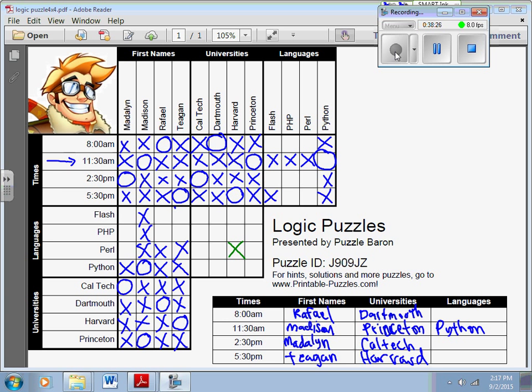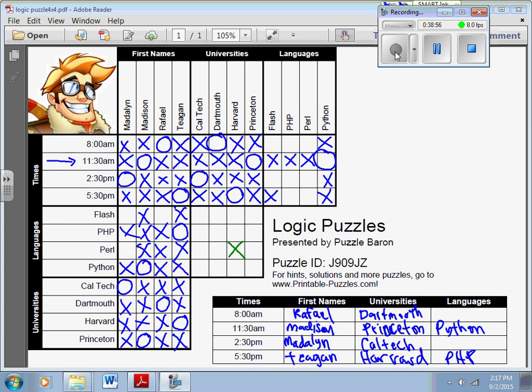And it also said Tegan did not do Flash. So all that was left was PHP for Tegan. So Tegan did PHP. And then Flash, either Raphael or Madeline. Can we identify Madeline's program yet?